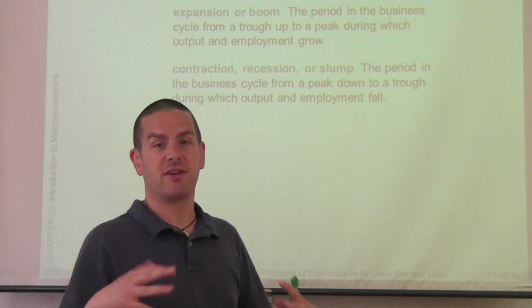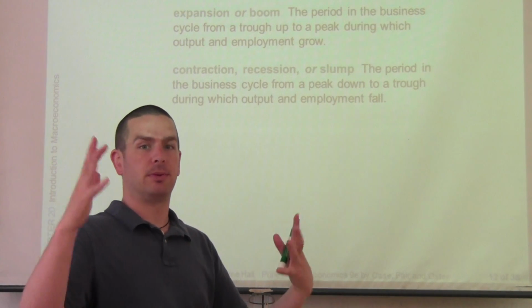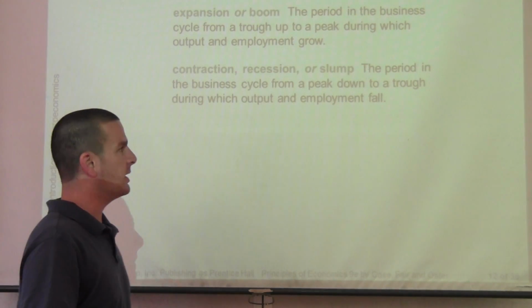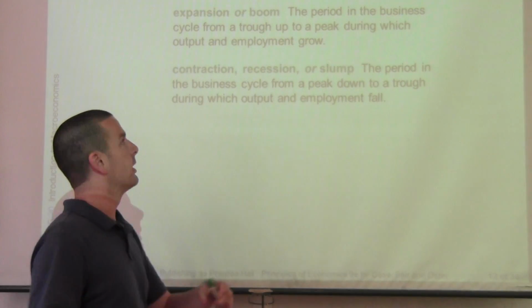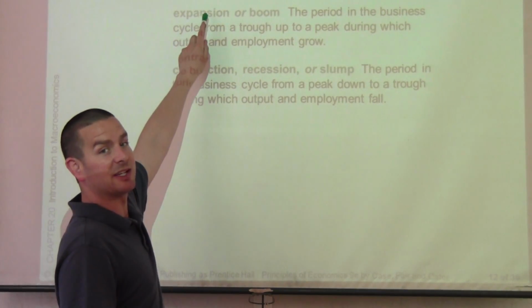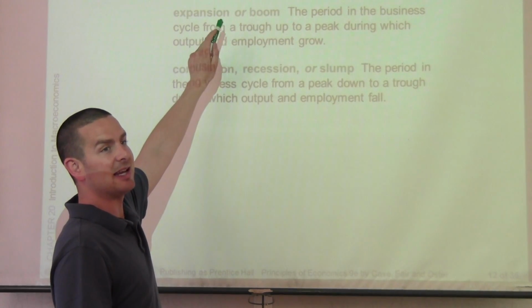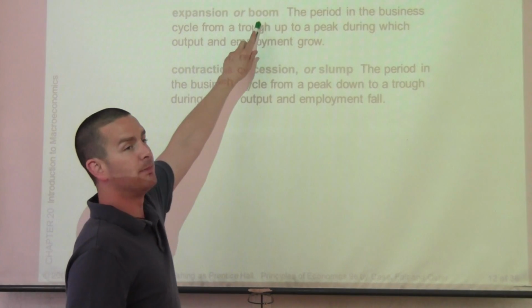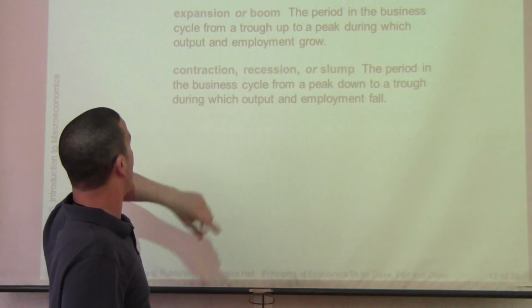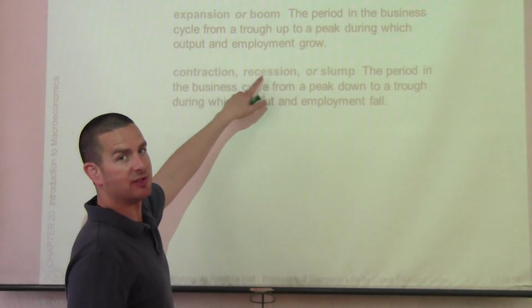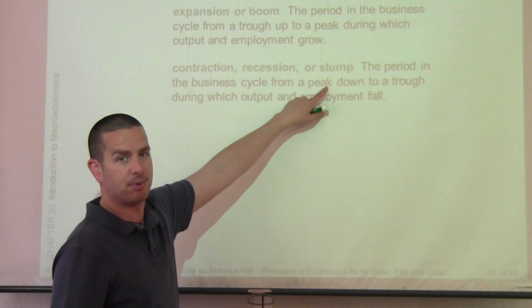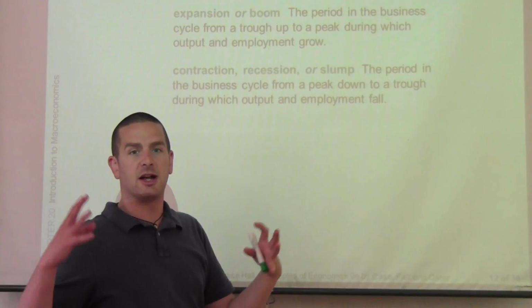The amount of stuff we make is going up. The size of the pie is getting bigger. So you can call that an expansion or a boom. A contraction, a recession, or a slump is when the economy is shrinking.